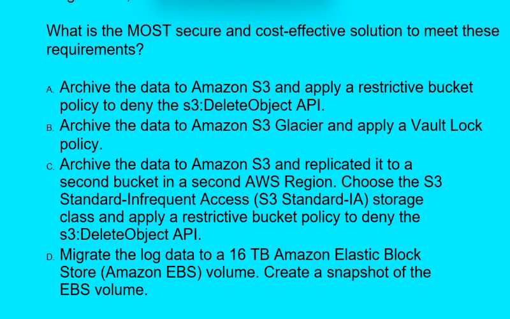Choose the S3 Standard-IA storage class and apply a restrictive bucket policy to deny the S3 DeleteObject API. Option D, migrate the log data to a 16 TB Amazon Elastic Block Store (Amazon EBS) volume. Create a snapshot of the EBS volume. Correct answer is option C.